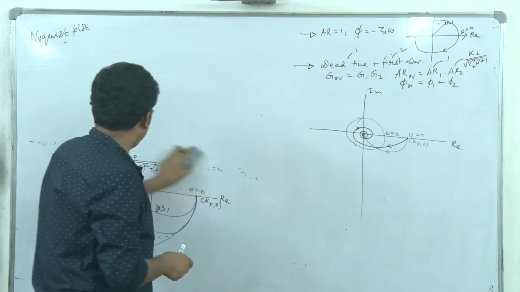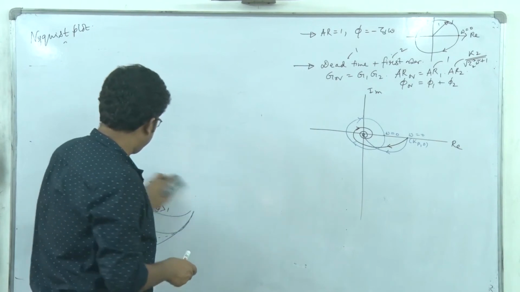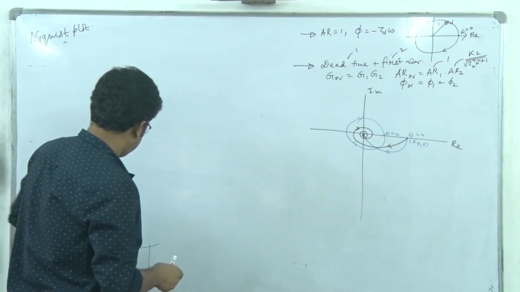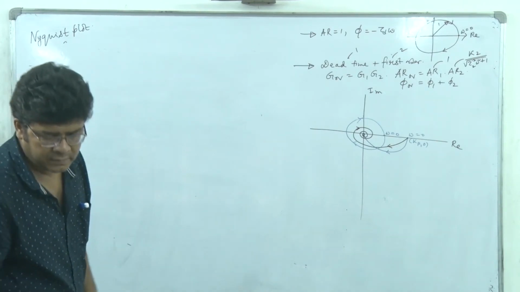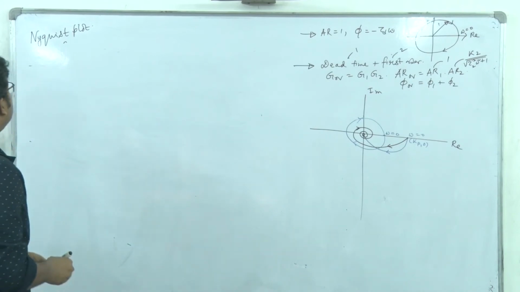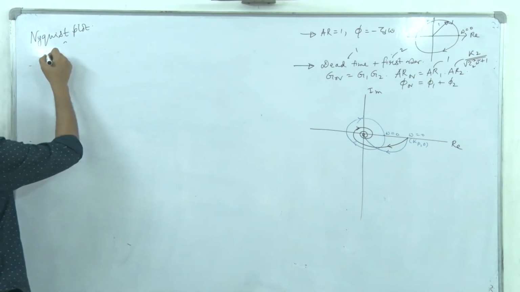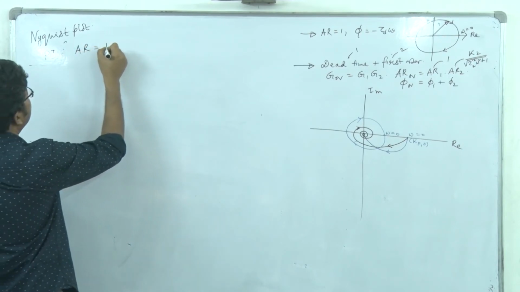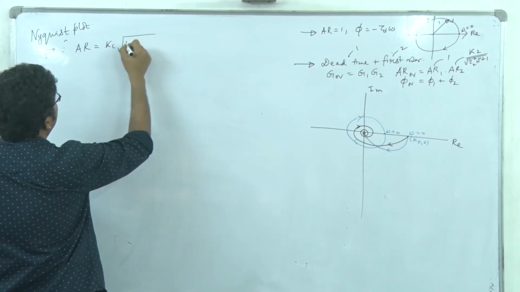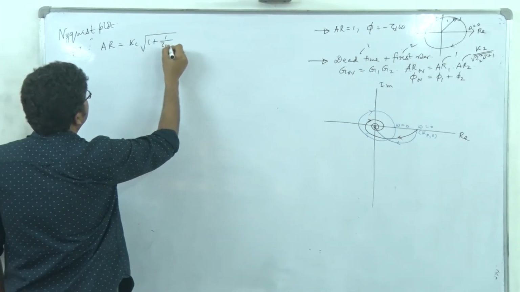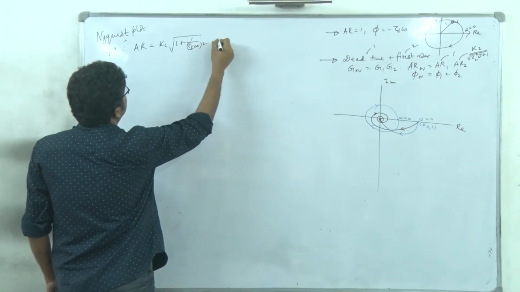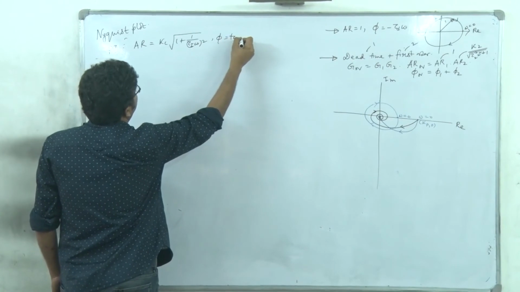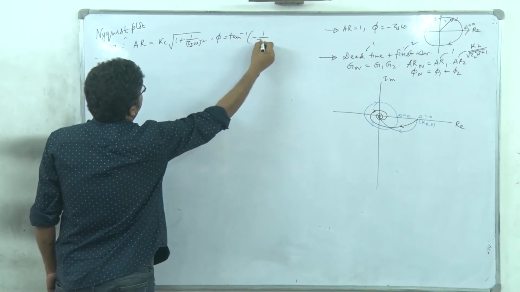Next, let's think of the PI controller. So for the PI controller, you know AR is equal to Kc times the square root of 1 plus (1 by tau I omega) square, and phi is equal to tan inverse of minus 1 by tau I omega.